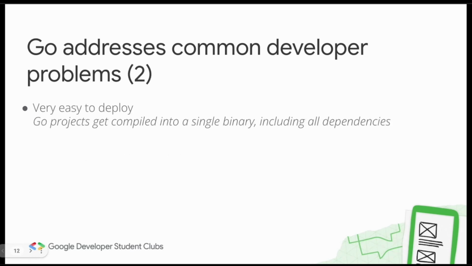The next problem happens once you've tested your code, you've optimized it, you've built it, whatever, you actually need to get it onto a server so that people can use it. And this is a big pain in some other languages as well. With JavaScript or Python, you have to deal with managing dependencies, managing different versions of the language and everything. And it can be a real pain because some unknown issue might cause a dependency to not be available in a specific environment, causing your entire build to fail.